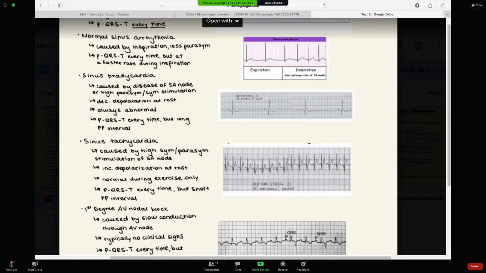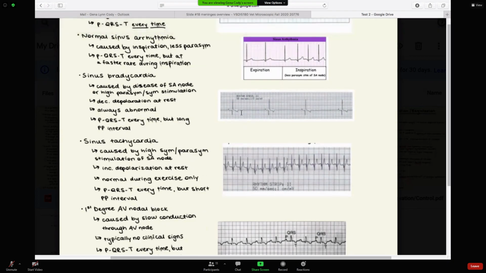So this is at rest. I get decreased depolarization. So the time between my T wave, which is when I finish my ventricular relaxation, and my next P wave, which is atrial contraction, is really long. This is always and forever abnormal.